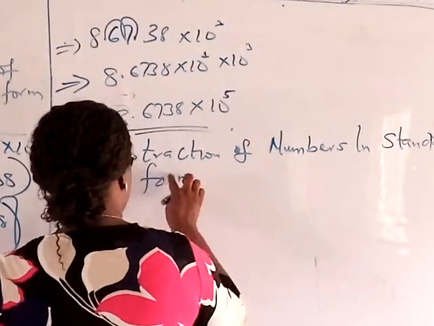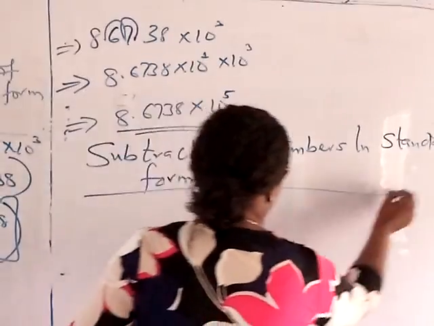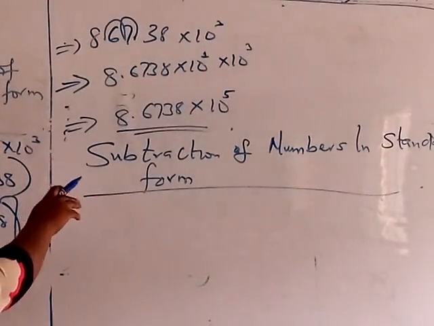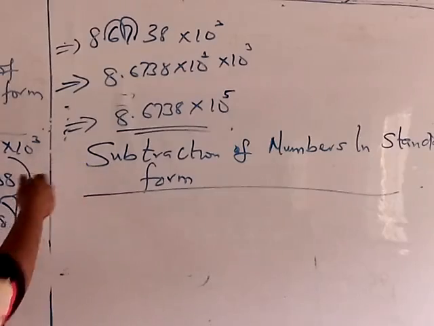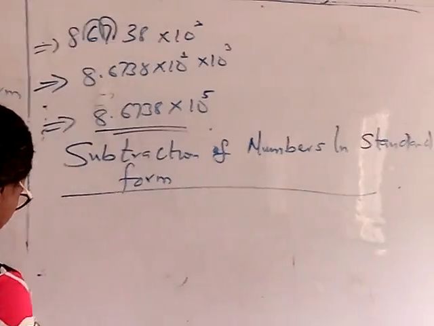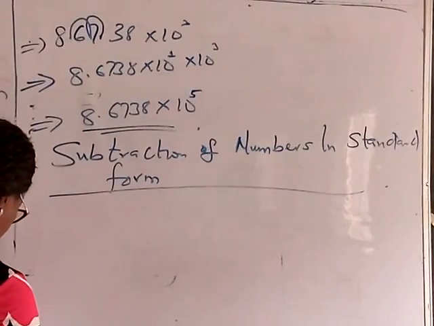The way of handling problems on this with that of addition is the same. It's only that for subtraction you have the negative sign. So I'll take some examples and we'll see how we go about doing it also.